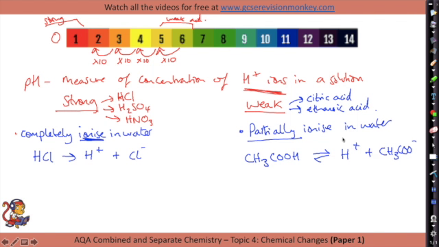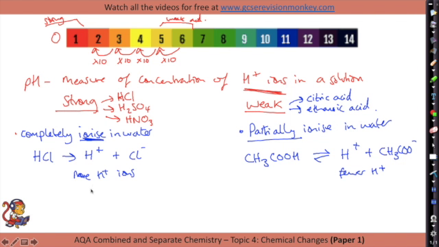So you get fewer hydrogen ions in solution. So in this case, you get more hydrogen ions, whereas with a weak acid, you get fewer hydrogen ions. And this will of course relate to their pH on the pH scale. The more hydrogen ions that you've got, the stronger the acid, the fewer hydrogen ions, the weaker the acid.